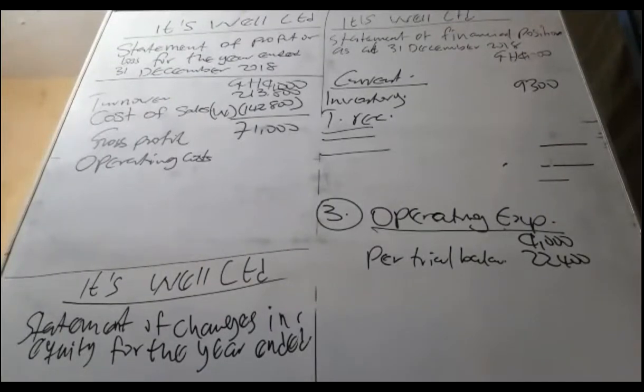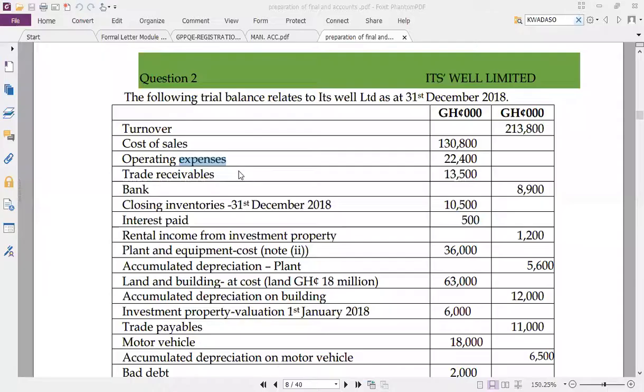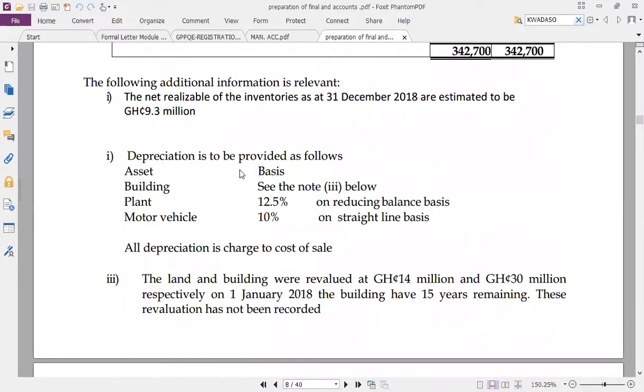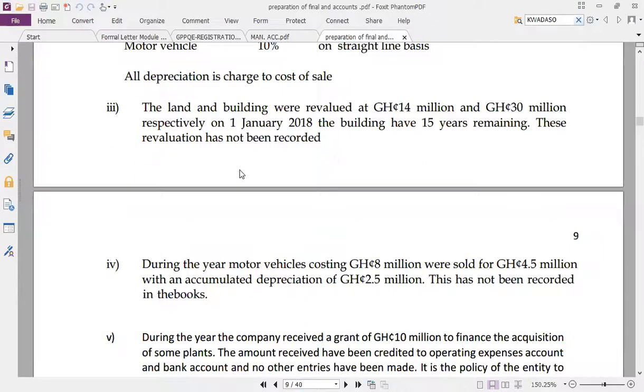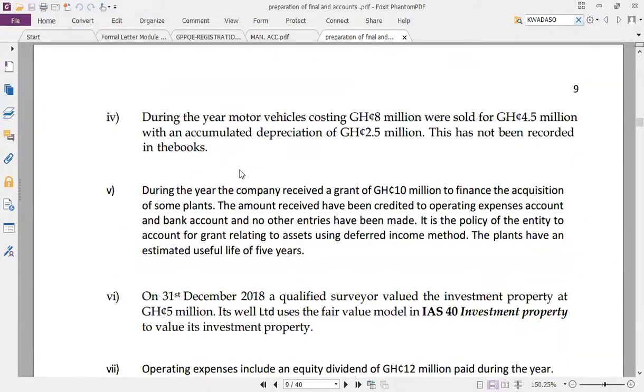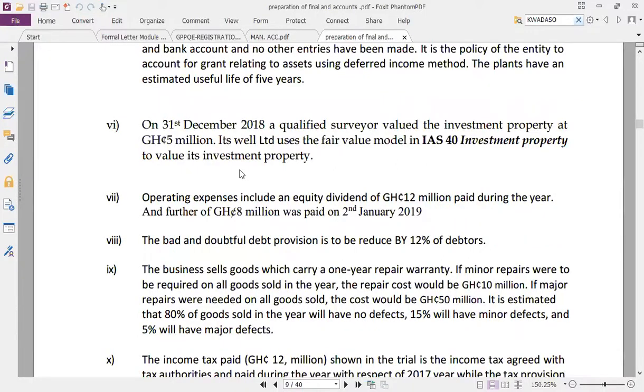Then what are the items that will affect the operating expenses? Let's see. Is there any part of the note where they've mentioned operating costs? One of the notes says that, let's go there. That's note 7.